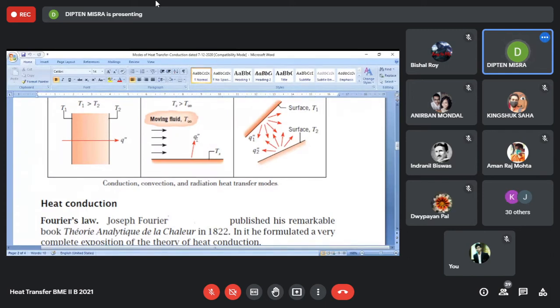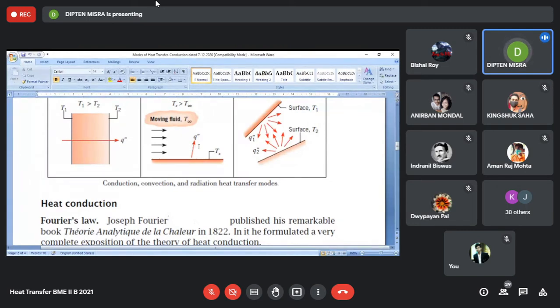Now, this heat flux that we are accustomed to find out in a simple way is equal to some coefficient into delta T. That is, the heat flux is given as h into delta T, where delta T is Ts minus T infinity, the surface temperature minus the free stream temperature, because they have unique values. Surface temperature has a unique value, free stream temperature has a unique value. Whereas we cannot take the temperature at in-between points because there the temperature will vary.